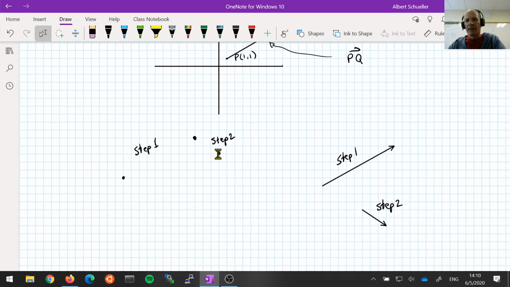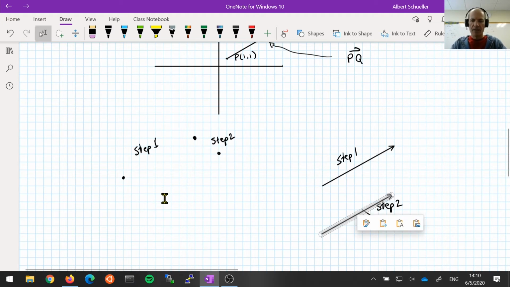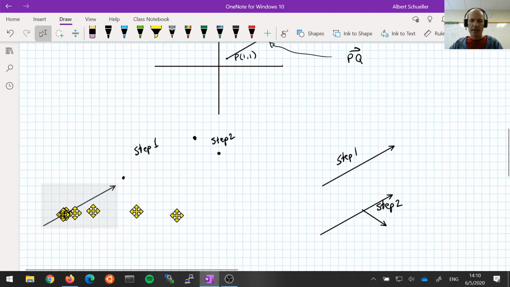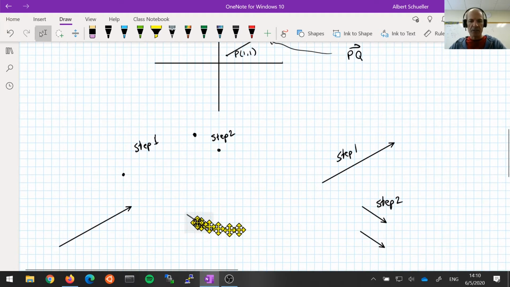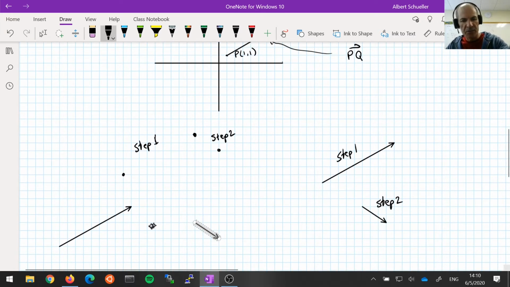Well, how do I figure that out? I can add these vectors together. So let's make a copy here, and let's make a copy of this one here, and ask ourselves, what does it mean to add these two things together?